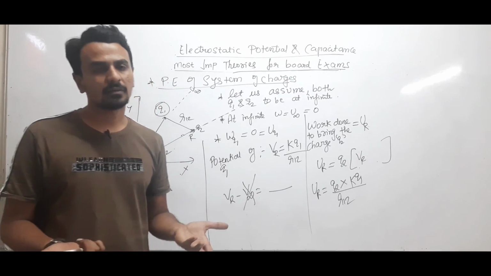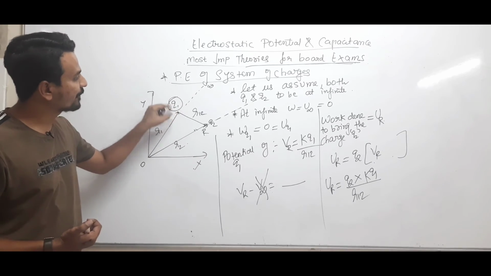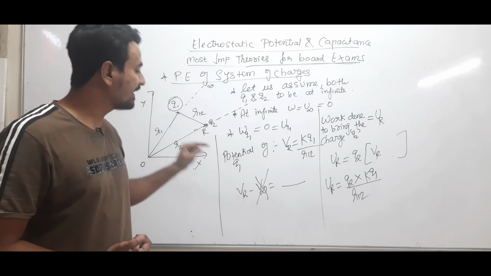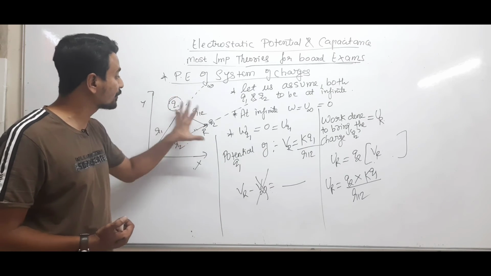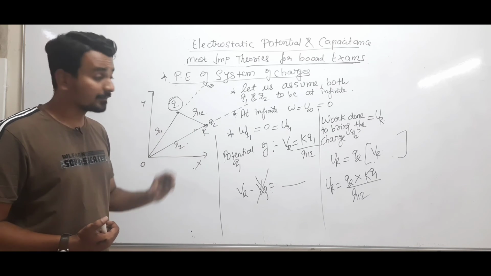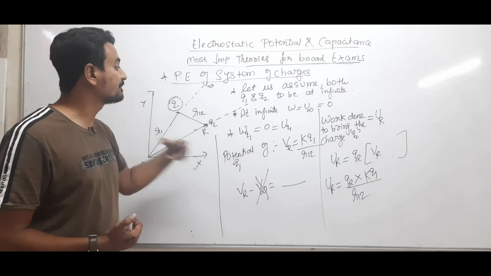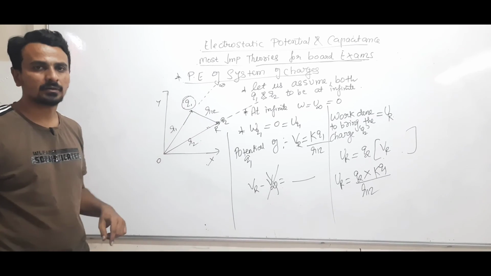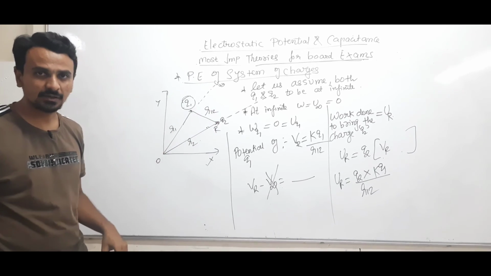So to bring the charge q1 from infinity to any position r1, work done is 0. But when it is placed at a distance r1, it will produce an electric field and potential around it. So when you bring another charge from infinity, you have to perform some work against the field produced. This work done will be stored in the form of potential energy inside the charge.